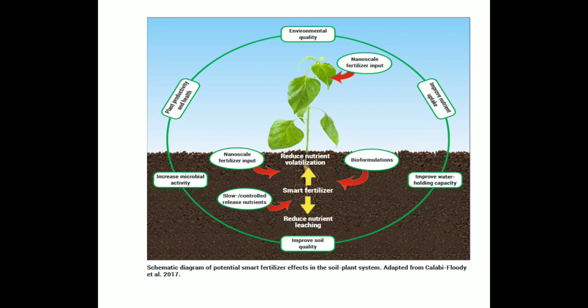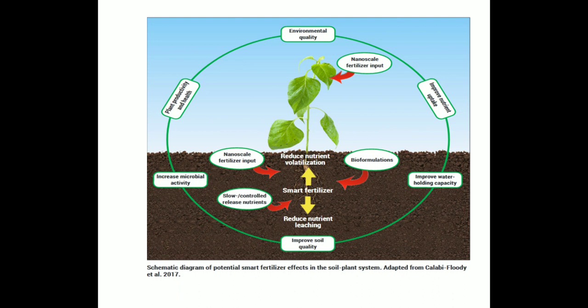This is the detailed information regarding how nanoscale fertilizer inputs are applied. Then there are changes in the nanoscale fertilizer into slow release of the nutrients. Finally, the bioformulations reduce nutrient volatilization.